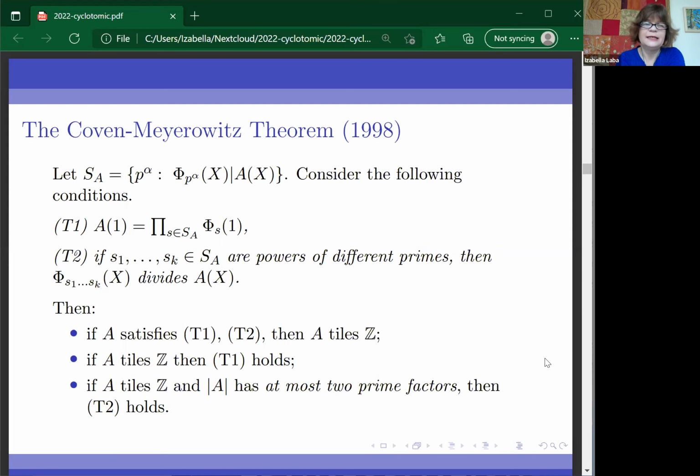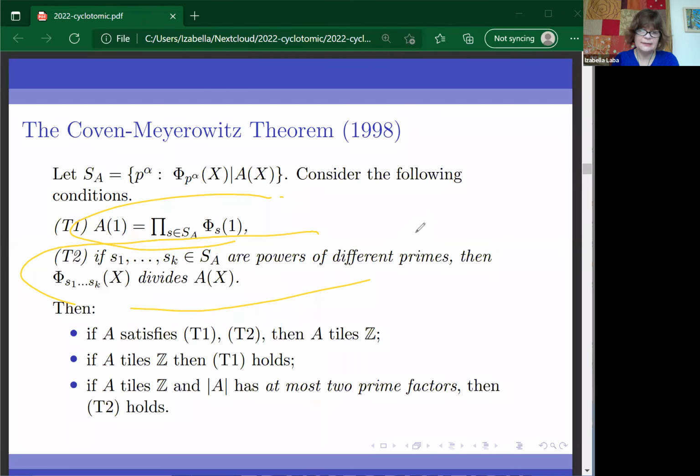One is that a of 1 is the product of phi s of 1 with s in SA. And the other concerns divisibility by mixed cyclotomics corresponding to products of the prime powers in SA. Then these two conditions imply that A tiles the integers.